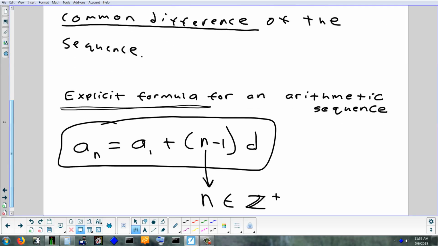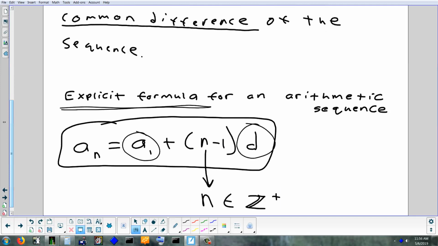A sub n equals the first term plus n minus 1 times d. And there's two things you have to fill in. Fill in the first term, fill in the common difference. And remember, n has to be a positive integer. Okay, you don't fill in decimals, don't fill in negatives.